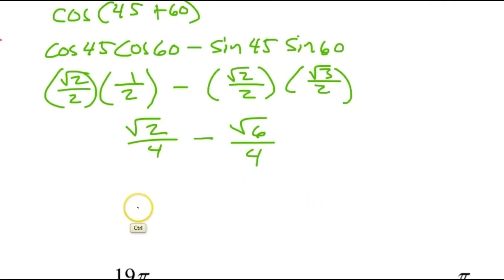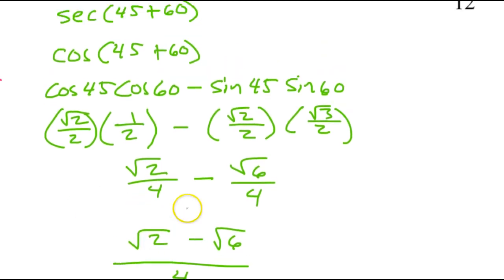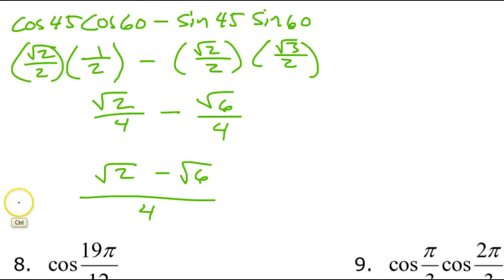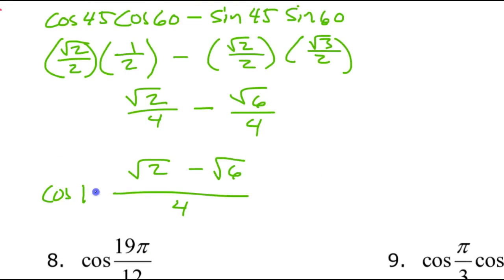Okay, so in the end, that's going to be radical 2 minus radical 6 all over 4. And I almost said, and that's the final answer. But then you would have had to yell at me, like, no, Burton, this is the cosine of, what was the original angle? 105.